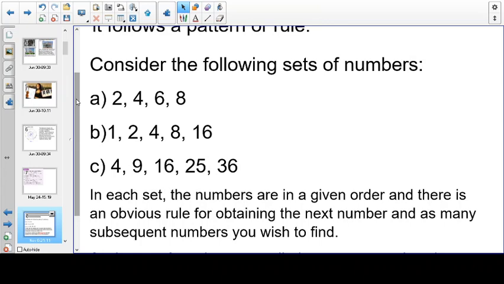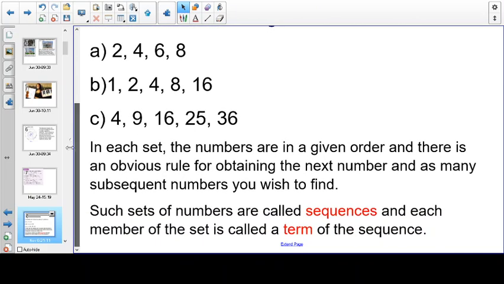So in each set of numbers, the numbers are in a given order, and there is an obvious rule for obtaining the next number. Okay, such sets of numbers are called sequences, and each member of the set is called a term.